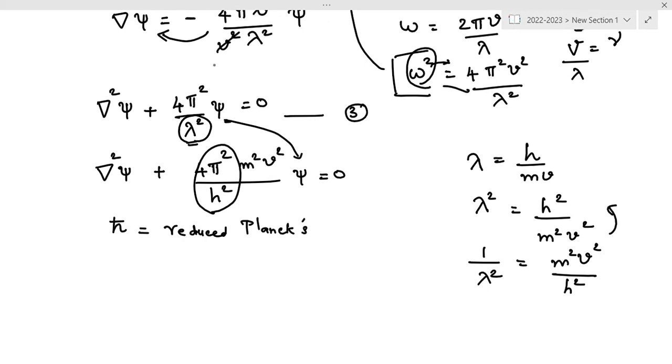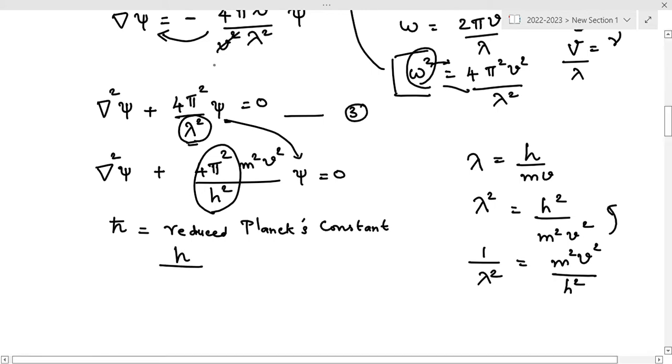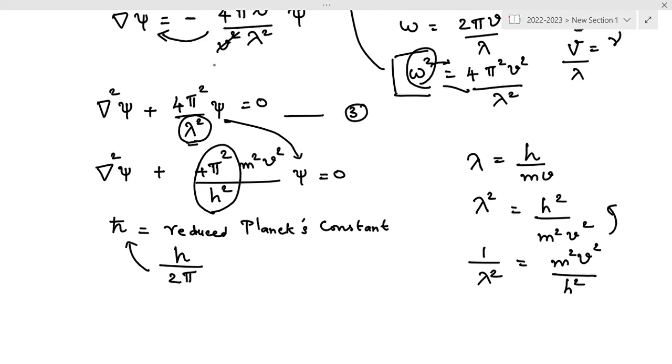We know Planck's constant h, divided by 2 pi, is called the reduced Planck's constant. Here we have 4 pi square by h square, that is h cross square is equal to h square by 4 pi square, and 1 by h cross square is equal to 4 pi square by h square.